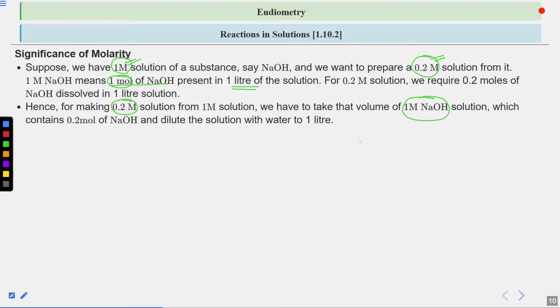Then in 0.2 liter, we will have 0.2 moles of NaOH. Two things are there. In our 1 molar solution, 1 liter has 1 mole of NaOH. So if I want to take 0.2 mole, you have to take 0.2 liter of the same solution. Got it? Nisar, any doubt? Did you get the point?